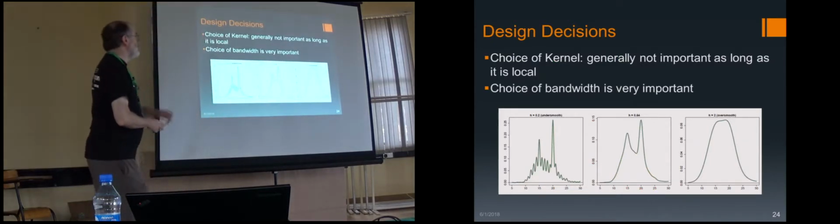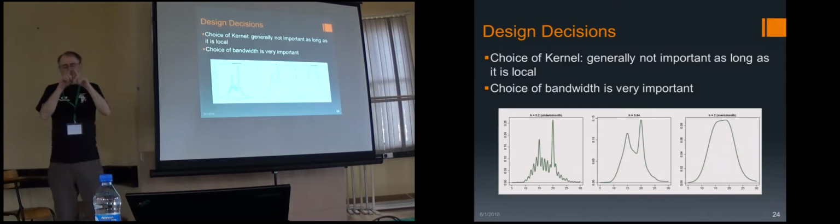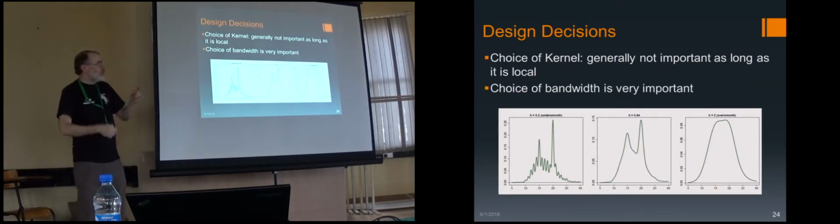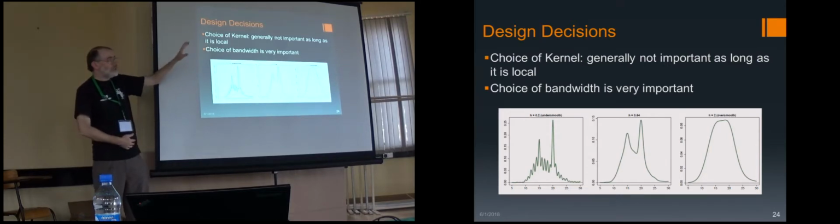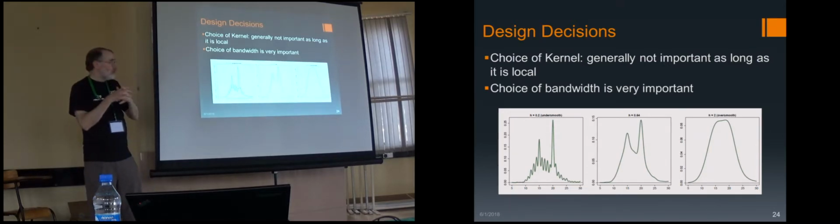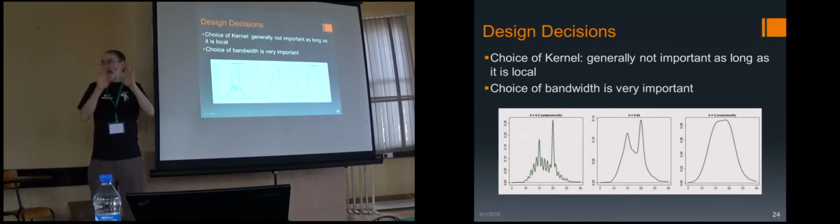So the choice of kernel, it turns out, is not hugely important. Some people just use a little triangle kernel. You can use a square box kernel, and you can also get very fancy with fancy kernels. But the theory tells us that that's not too important as long as it's a local kernel. But the choice of bandwidth, that is how wide the kernel is, that's super important.